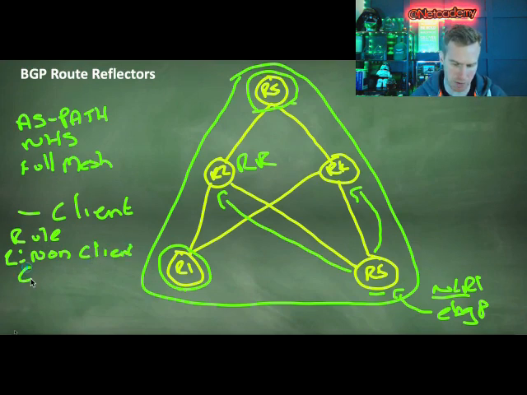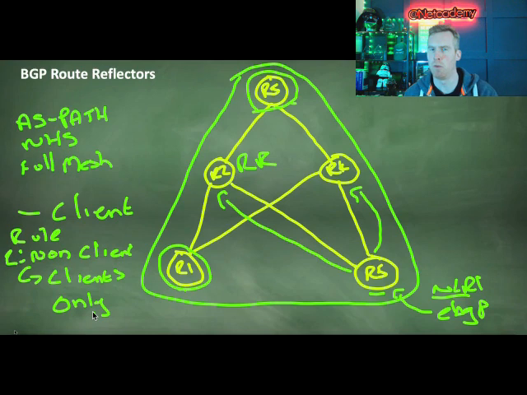It will be advertised to clients only. So a non-client will not advertise a learned prefix to another non-client. So only clients will advertise prefixes to other clients and non-clients. Non-clients will advertise a learned prefix to clients but not to other non-clients.